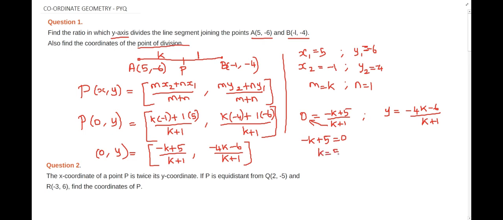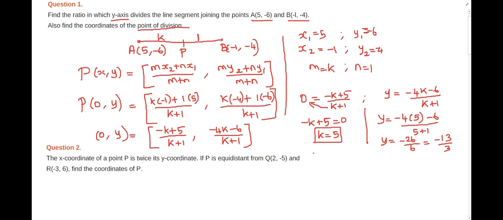So k equals 5. Replace the value of k in the y coordinate. So y equals (-4 into 5 - 6)/(5 + 1). So y equals -26/6, which is equal to -13/3. So the point P will be (0, -13/3). This is the answer.